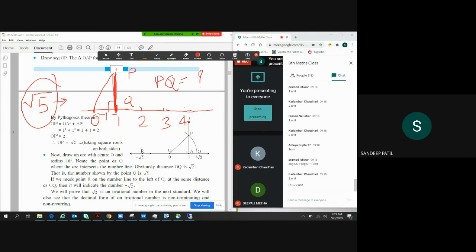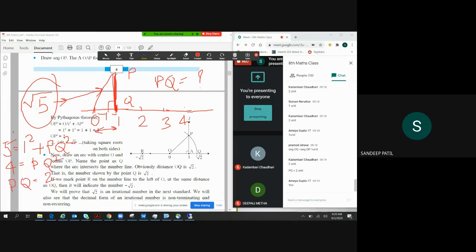So we know that this is 1, right? And if we want to represent this as root of 5, then 1 square, which we know from this distance, plus PQ square should be 5. We know the 1, so 4 is PQ square.